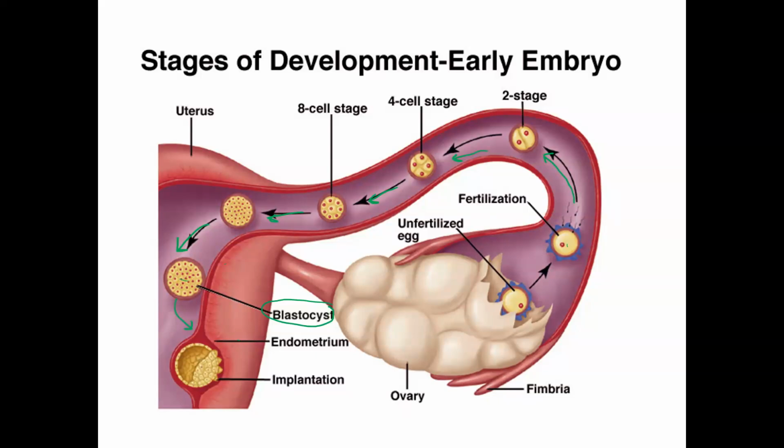It has to maintain itself until you can start to get the placenta going, and the placenta will then take over and start producing progesterone. That's one of the major things that the placenta does. It produces estrogen and progesterone that maintains the lining of the endometrium while the fetus is developing. So the corpus luteum doesn't last very long. Eventually, the placenta has to take over.